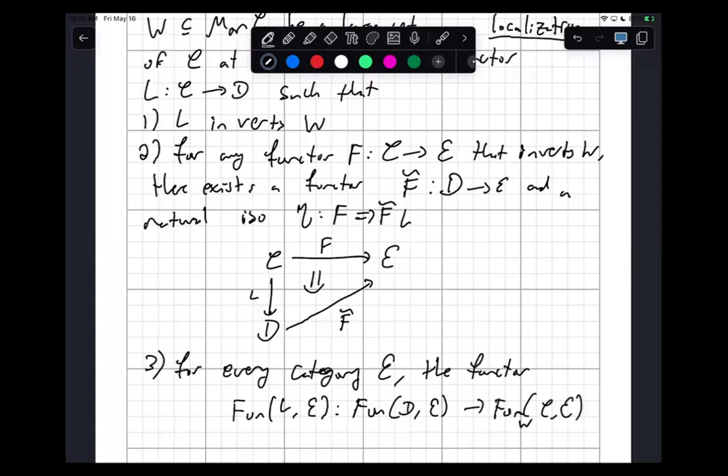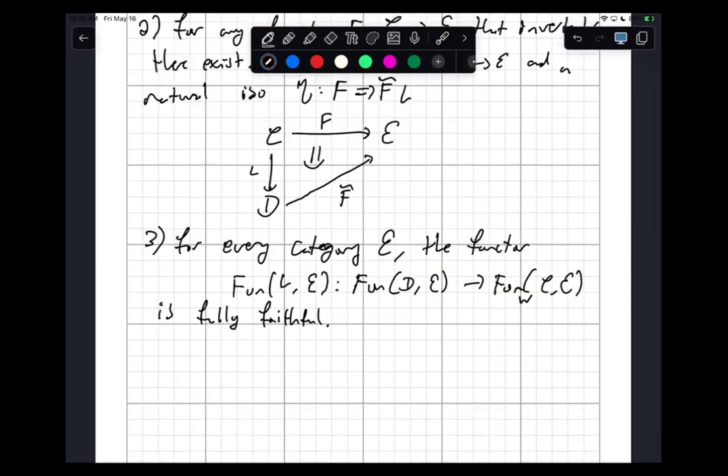So now the last thing we ask for is that for every category E, the functor given by precomposition, which takes a functor from D to E and precomposes it with L, gives me a functor that inverts W from C to E. I want that functor to be fully faithful. So these three conditions together define a localization of a category.